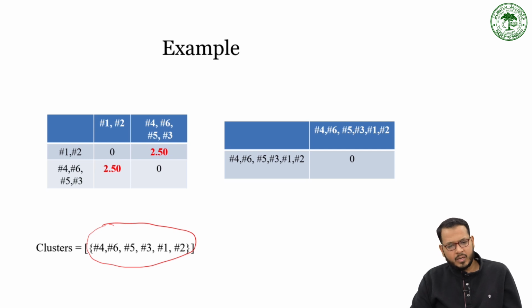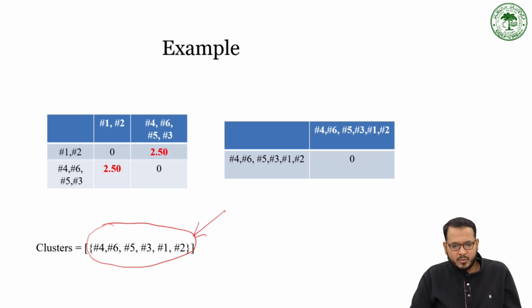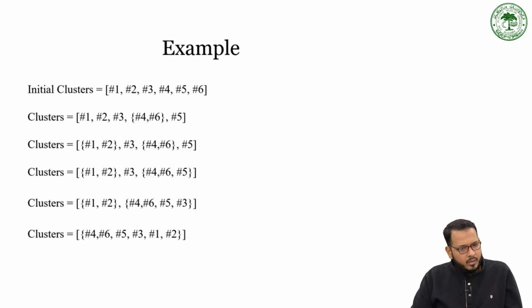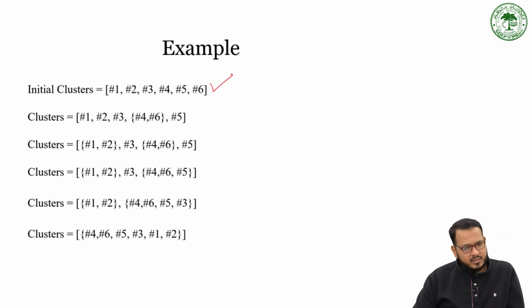So this is how hierarchical clustering works. Agglomerative clustering, to be specific, considers each data point as a separate cluster. We start from that point and it ends when all the points are combined together to form one cluster. The beauty of this algorithm is that if you want to consider 6 clusters, then you have each data point as a separate cluster.